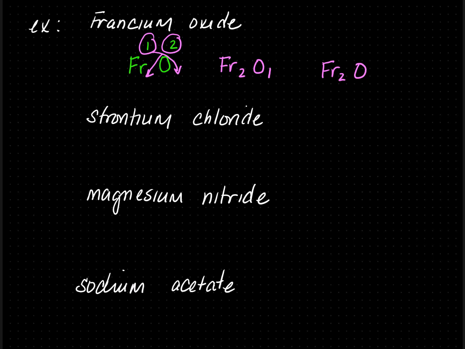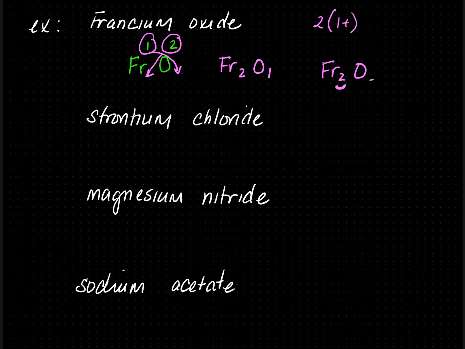We will initially be working with neutral compounds. To make the compound neutral, the positive and negative charges must cancel out. So francium, there are 2 francium. The subscript tells you there are 2 francium. The charge of francium is 1 plus.